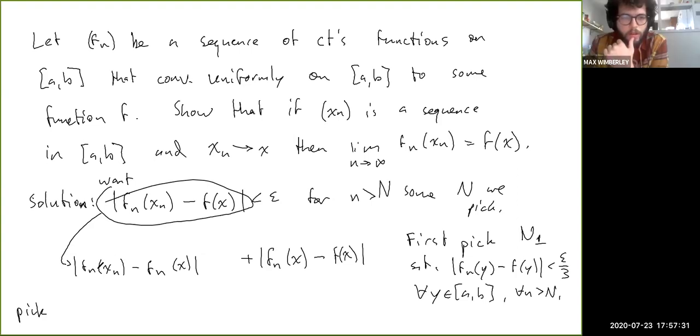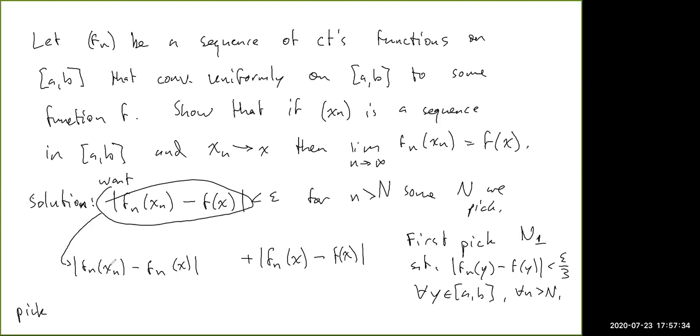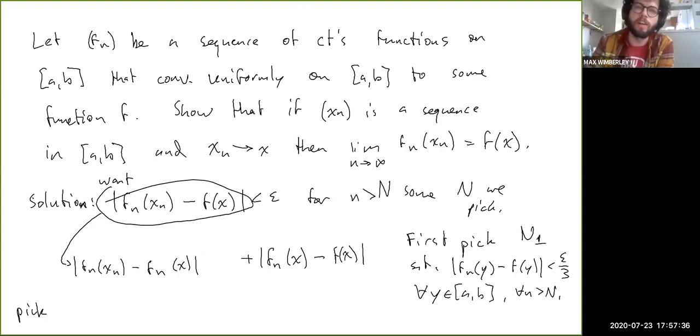But I think we deleted the n in the wrong place. Hold on. You actually want f of xn here. And then this will be f of xn and then f of x. So now this is still what we want.